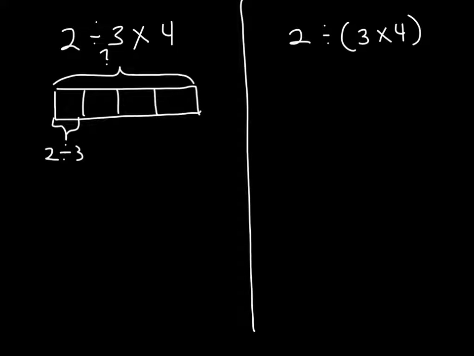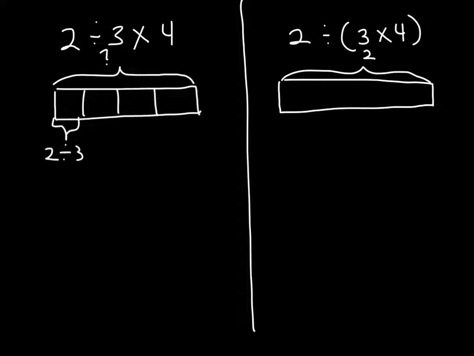Now we're going to take a look at the expression on the right and draw a tape diagram that goes with that one. So for this one, since it is a division problem, that means that we know the whole, which is going to be 2. And we are going to be dividing it up into parts, but we don't know how many parts yet.